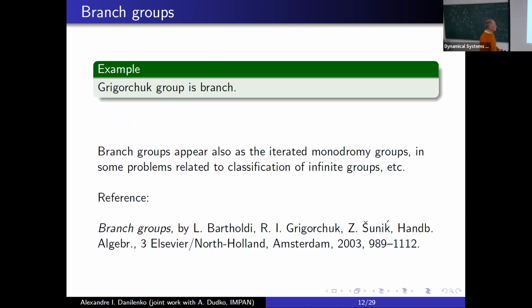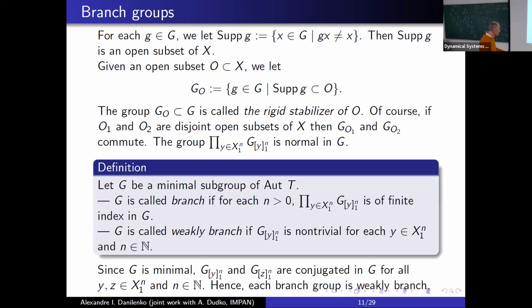So the Grigorchuk group is branch. Look here: this is a normal subgroup in G. The product is just the algebraic product of groups, with elements from the same group or from different groups.